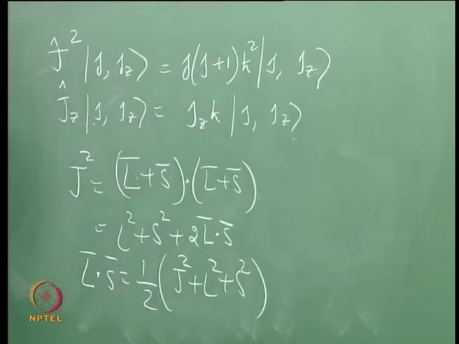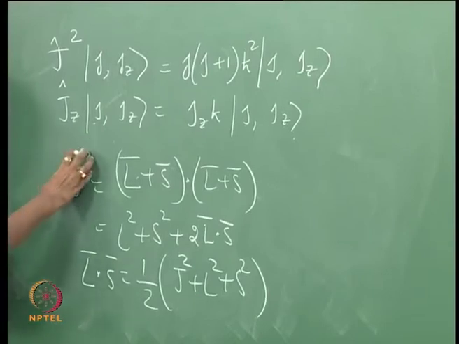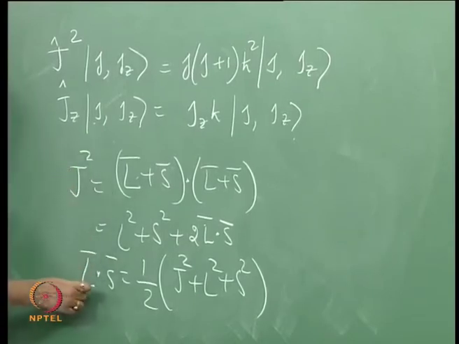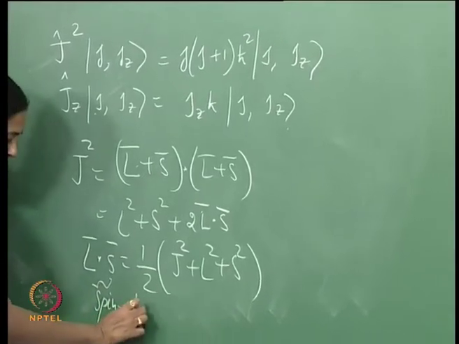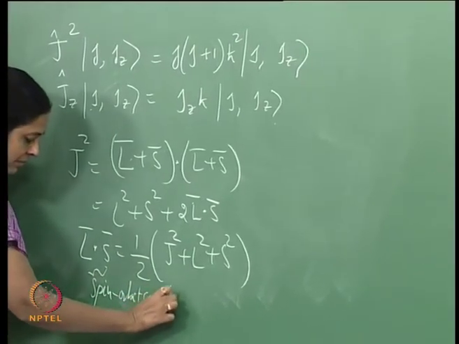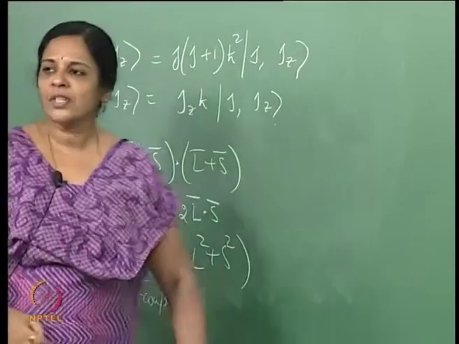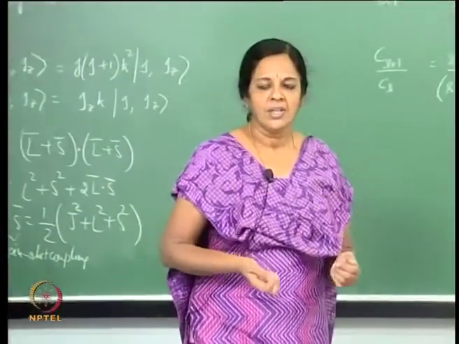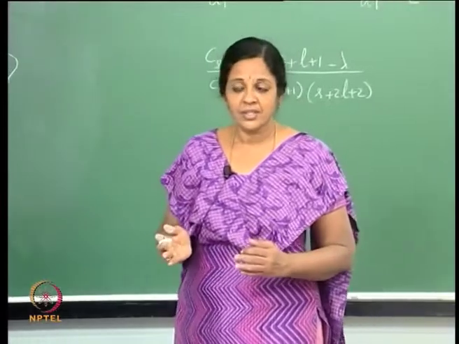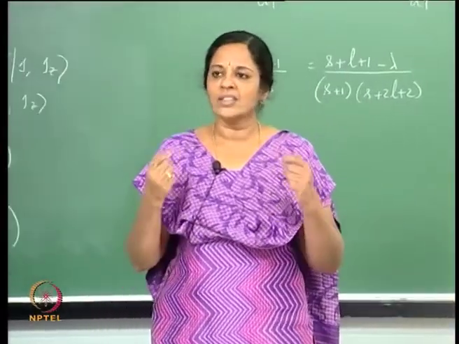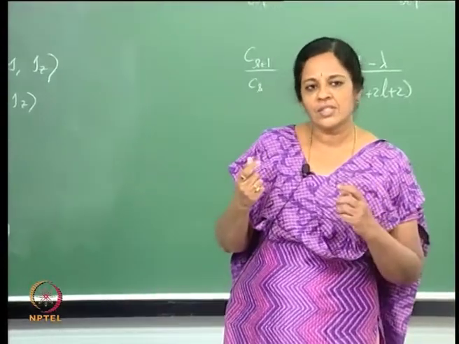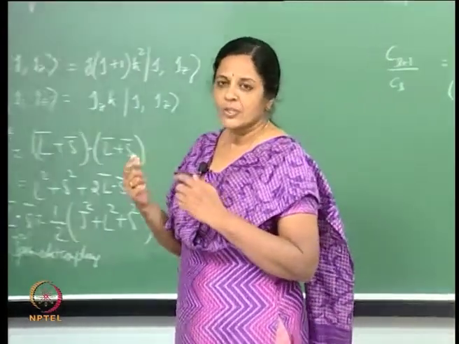This is a very important term. The whole business of working with J squared involves what is called the spin orbit coupling. The spin orbit coupling, that means the L dot S term, has remarkable physical significance, accounts for very many things which go unaccounted for if you do not take into consideration the spin orbit coupling.